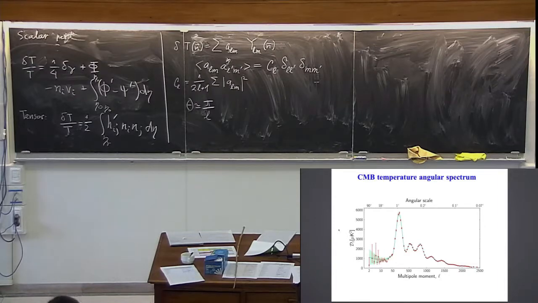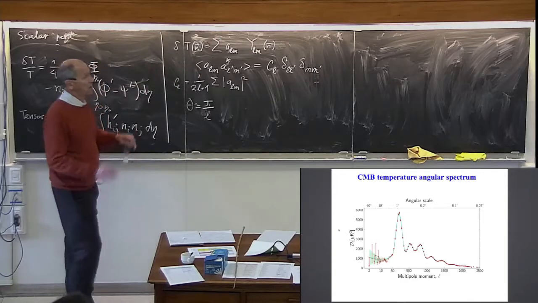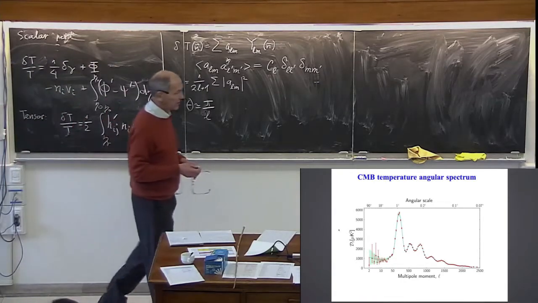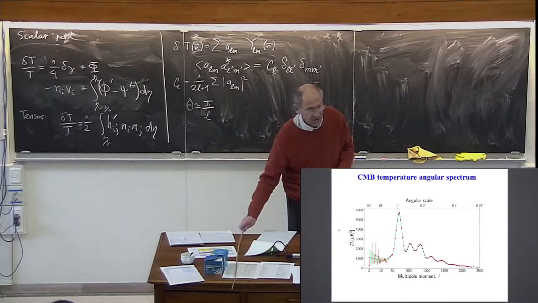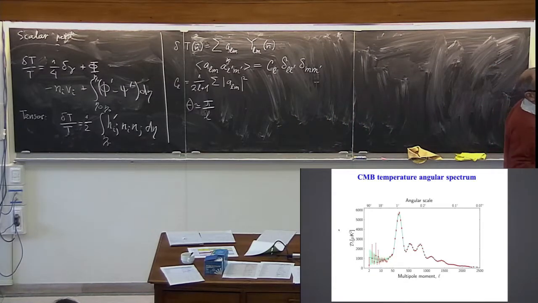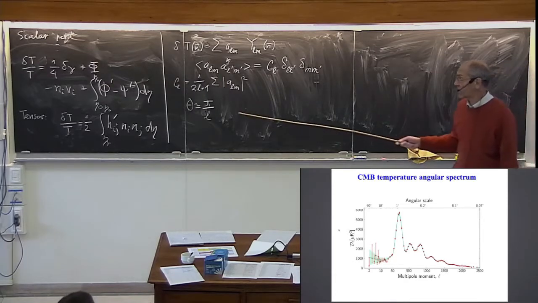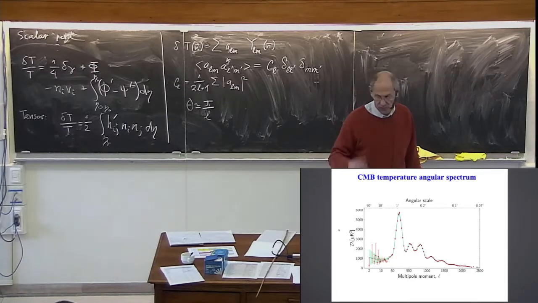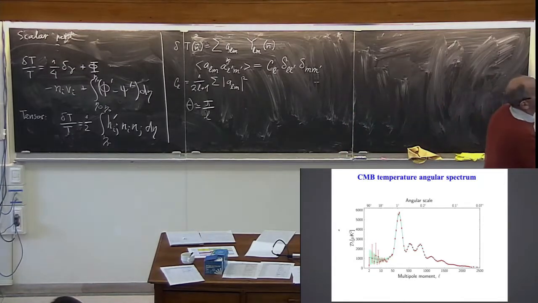So this is essentially Fourier decomposition on a sphere, and it's similar to Fourier decomposition in flat space. That's why sometimes people show the angular scale here, which is a rough thing. It's not something exact, but the relationship is this one. It's just for understanding of where we are. So these are large angles, these are small angles.